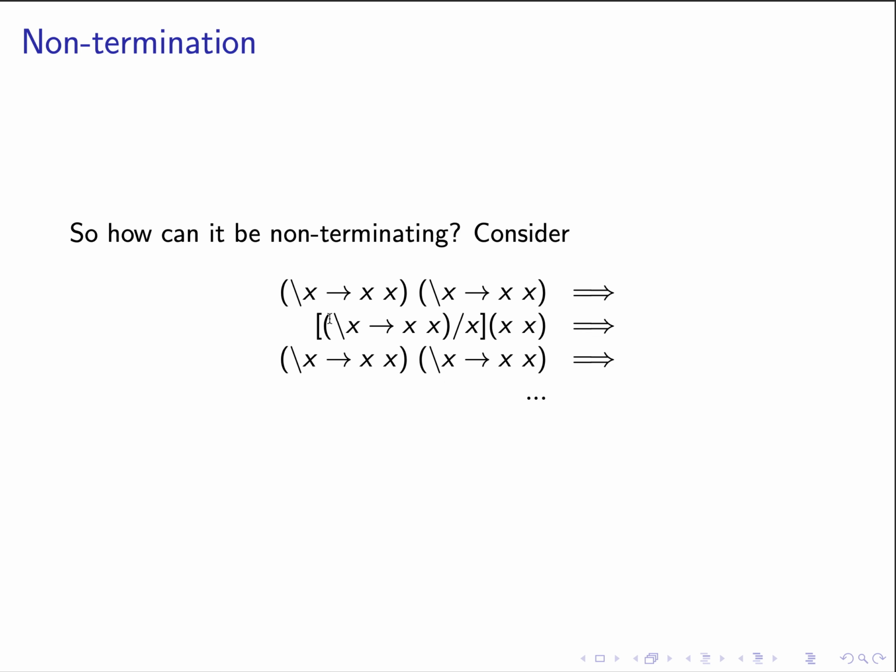For example, consider this funny program, where this weird lambda abstraction is applied to itself. If we apply alpha renaming and then beta reduction and work out the steps, we get back the same term, and this goes on and on forever. So this is a non-terminating lambda calculus program.